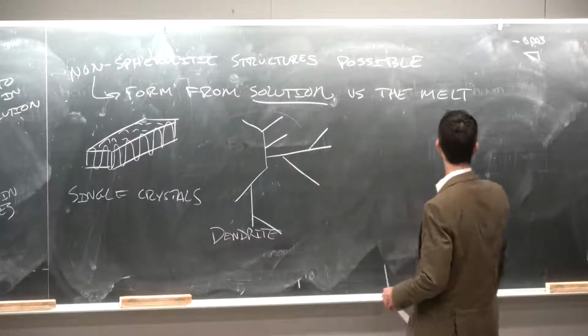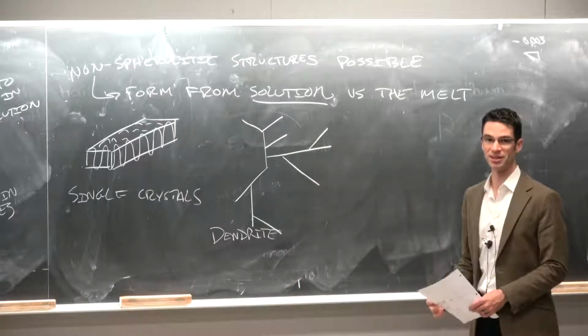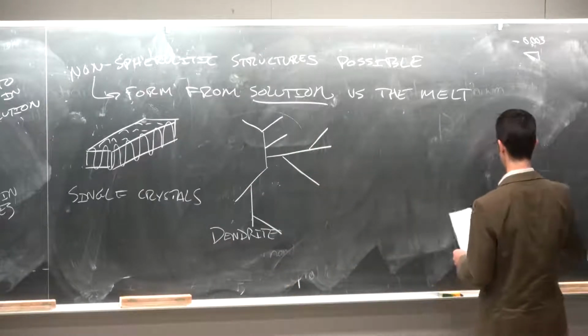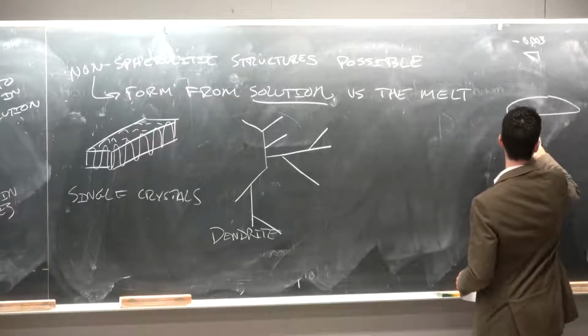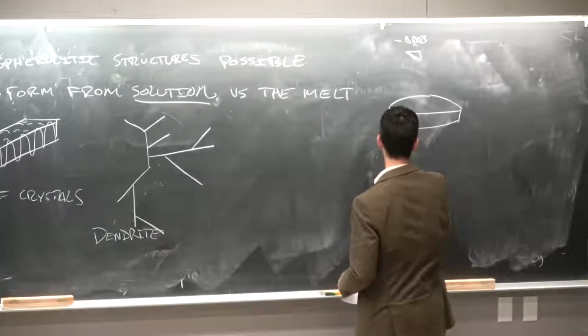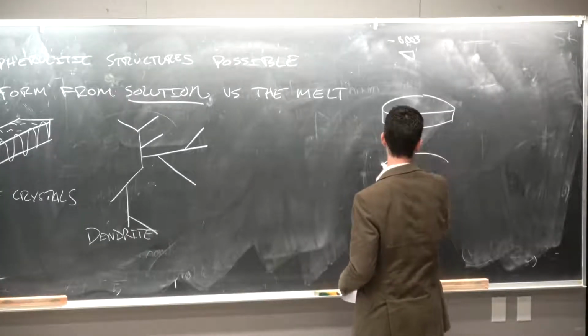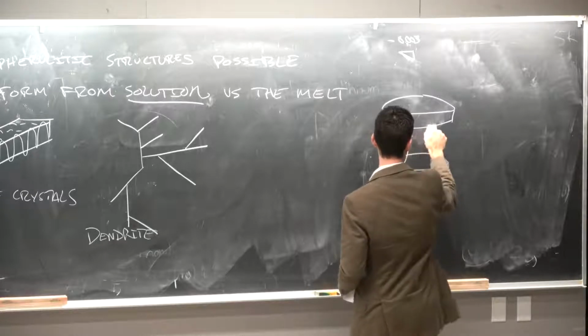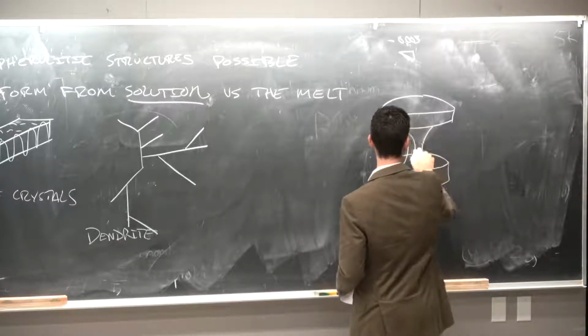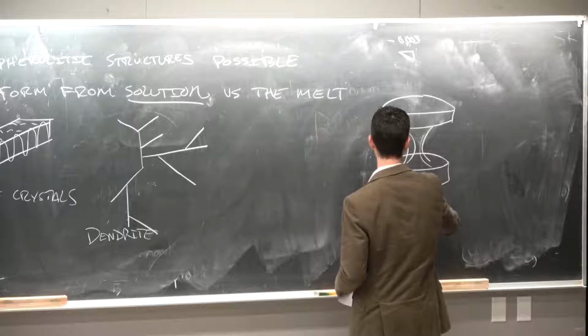And then another non-spherulitic morphology, which has a really cool name. It's called a shish kebab. This is a type of structure that forms under shear or mixing.